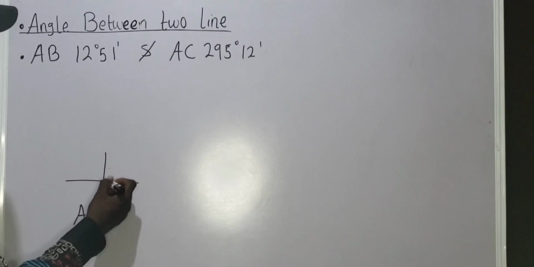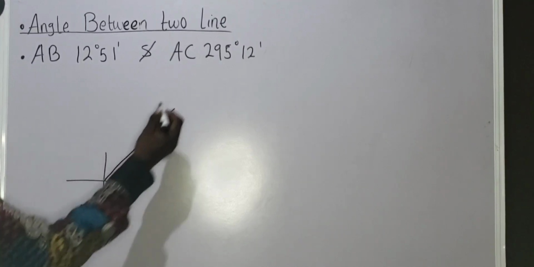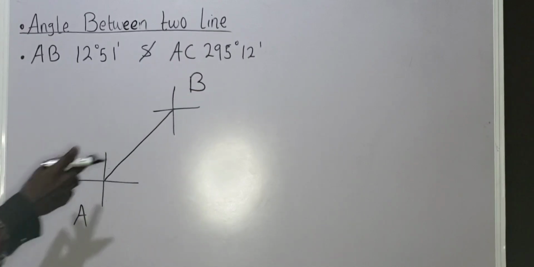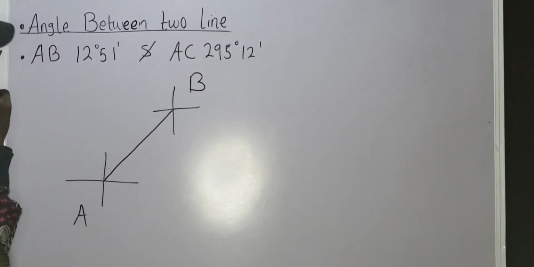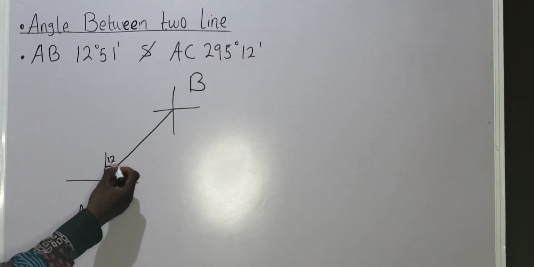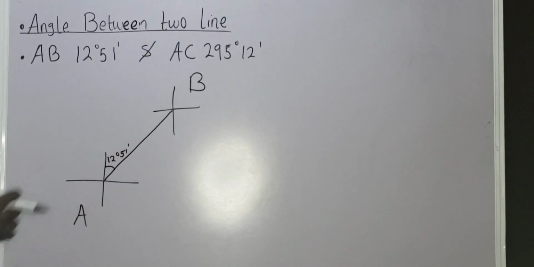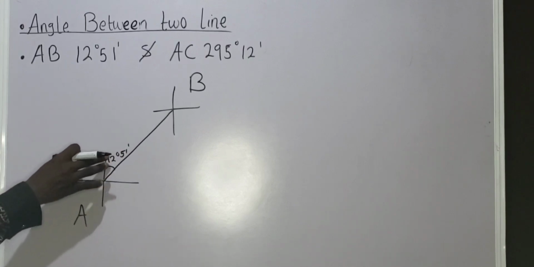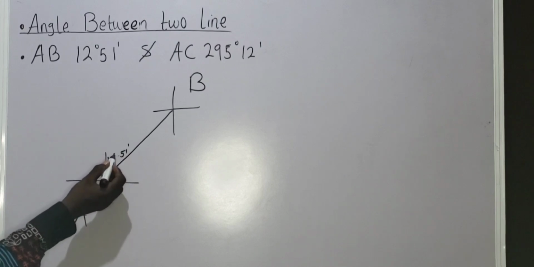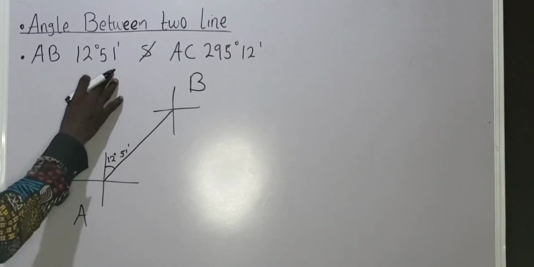So it will be somewhere here. Let me call this A and this B. The bearing of B from A is 12 degrees 51 minutes. Please, can you see what I wrote here? This is not 120. It is 12 degrees and 51 minutes. Okay, we have already plotted this.